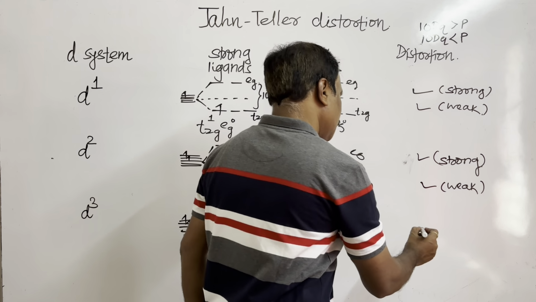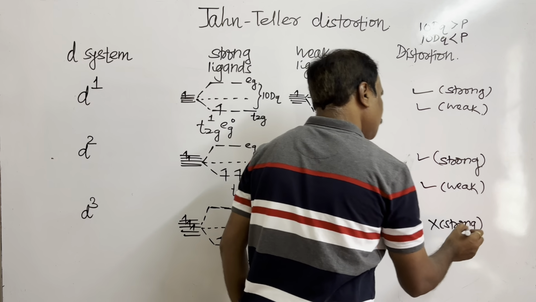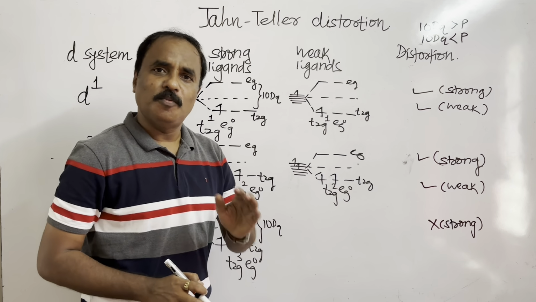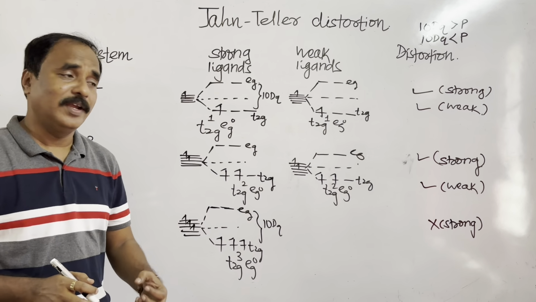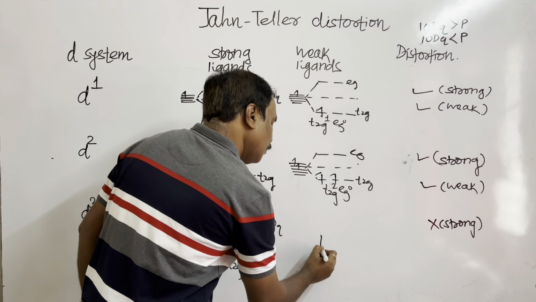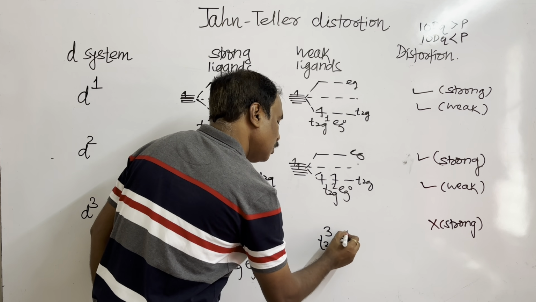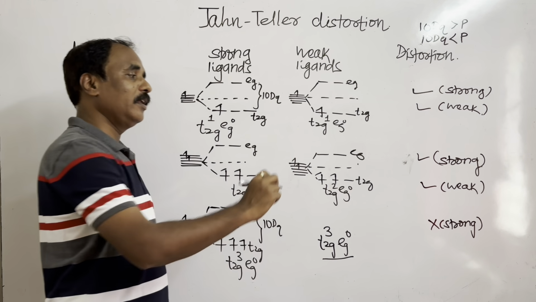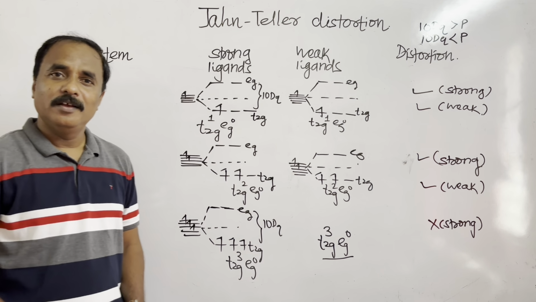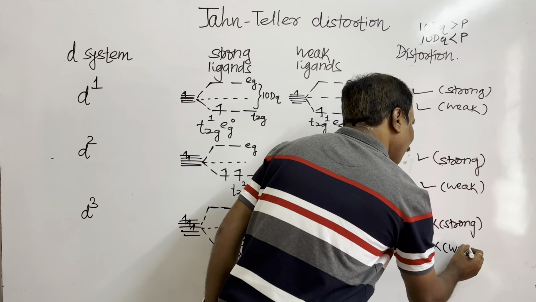So here, there is no distortion when ligands are strong. Suppose ligands are weak, when there is attack of weak ligands, exactly same. In case of weak ligands also, electronic configuration t2g3 and eg0. Symmetrical electronic configuration. Yani there is no distortion even when ligands are weak.